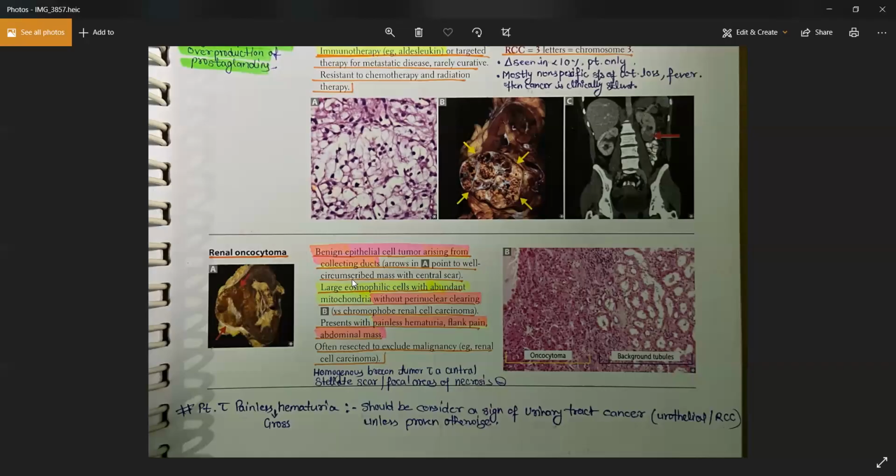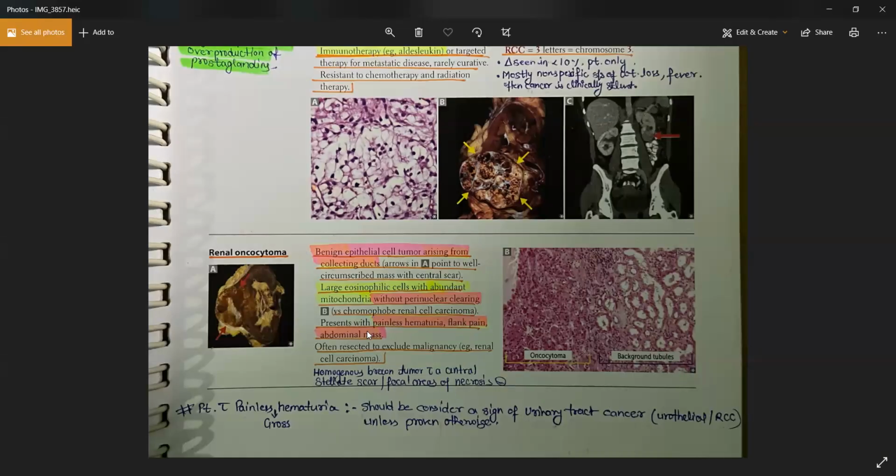You will run all the tests for the tumor. Unless you get all the tests negative, you won't diagnose any other thing. So painless hematuria or gross hematuria should be considered a sign of a urinary tract cancer unless proven otherwise. This is a very important thing.